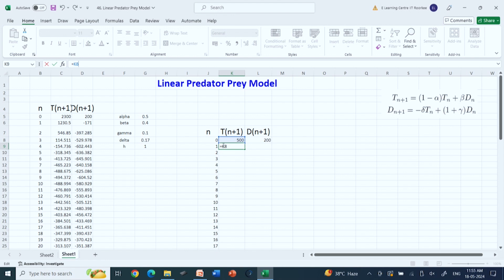So, this is T0 minus alpha multiplied by T0 plus beta multiplied by D0. So, alpha is a constant and your beta is also a constant.